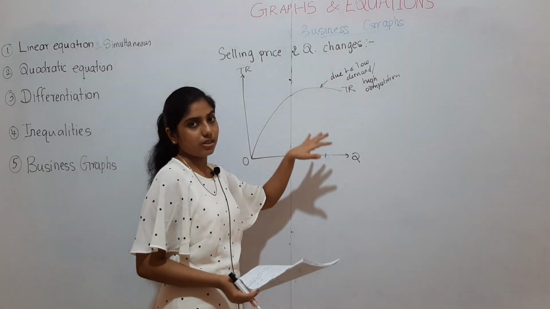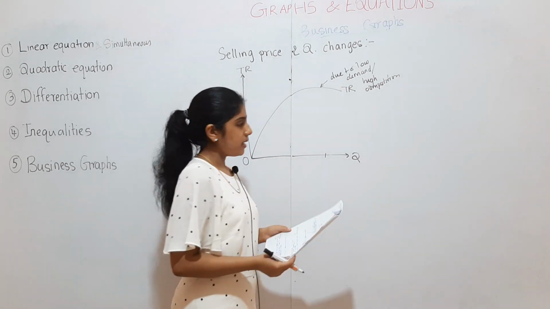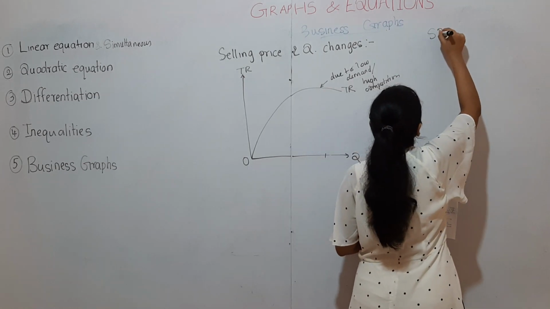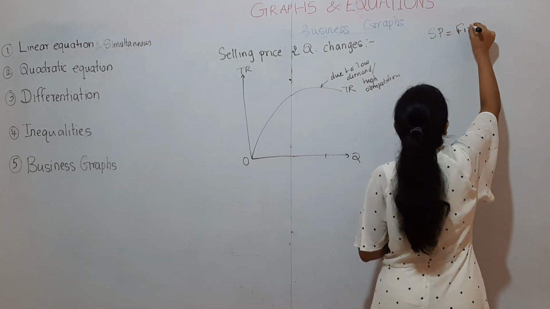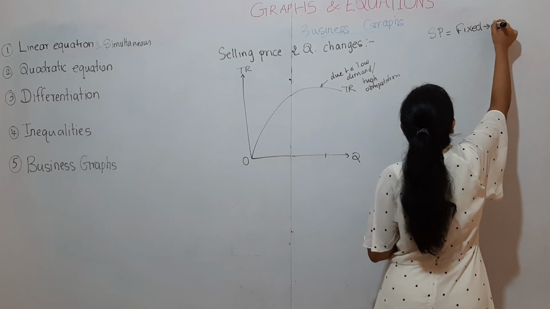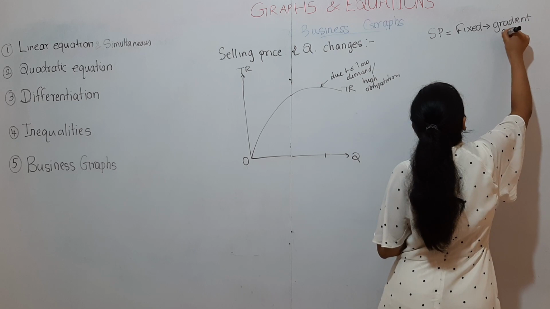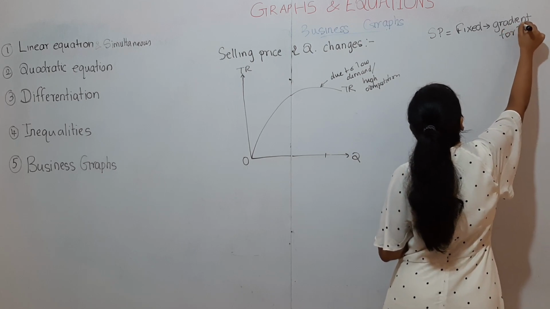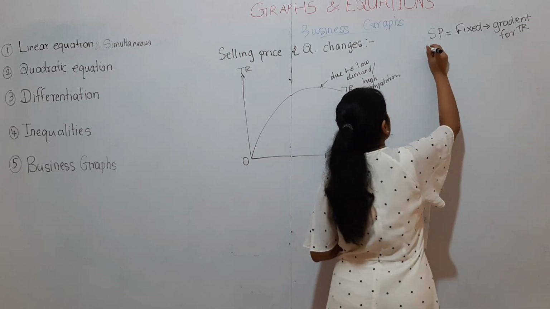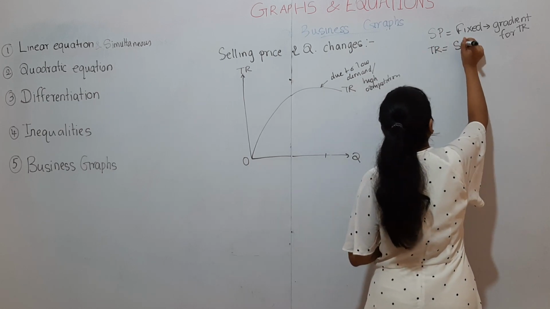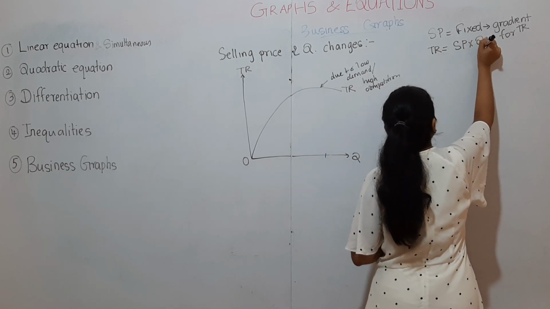Both are changing. Fine. But let's say the selling price is fixed. That is where the selling price will be the gradient for the total revenue formula. Remember that, because the total revenue formula will look like this: selling price multiplied by quantity. That's it.